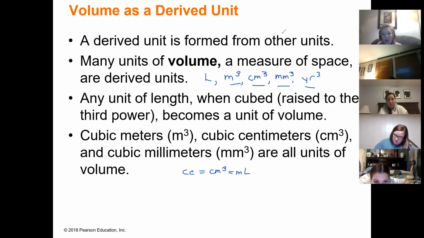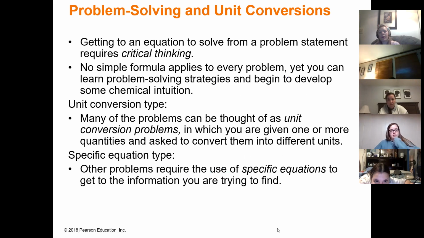So if I gave you something like this, given that we have 1.3 miles, and I want to find how many inches this is.